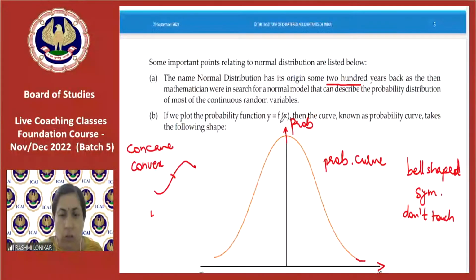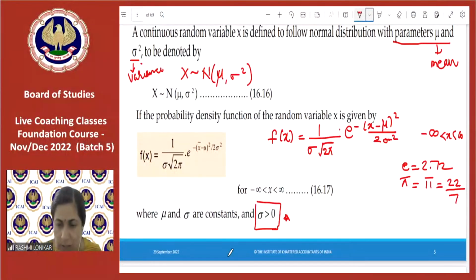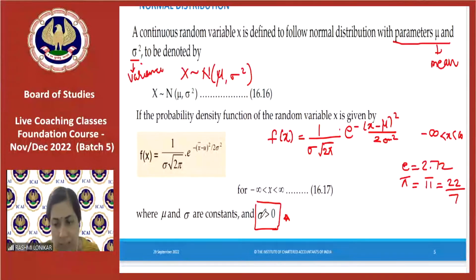So quickly, when a continuous variable is described by mu and sigma square, it follows the normal probability distribution. It is given by f(x) is equal to 1 upon sigma under root of 2 pi e raised to minus (x minus mu) whole square upon 2 sigma square. This is the condition in which x goes from minus infinity to plus infinity and sigma is always greater than 0.